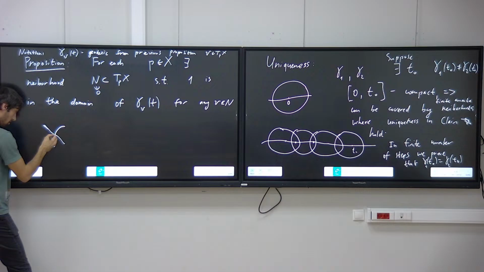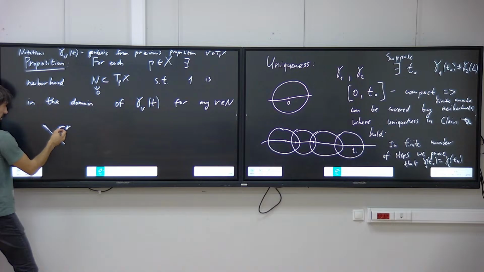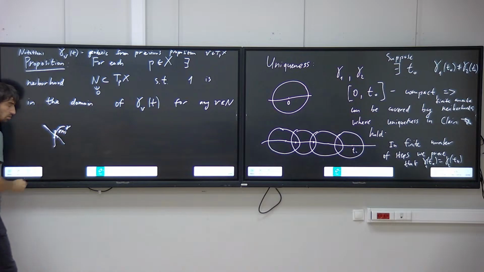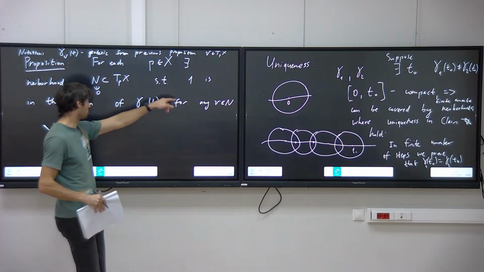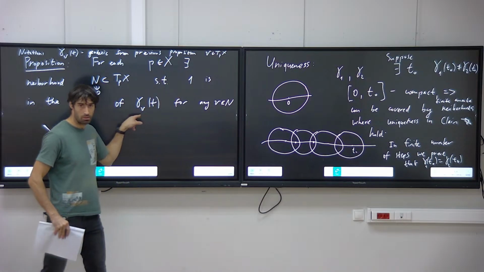I'm saying that if I restrict the initial conditions for velocities, then whatever geodesic I pick, I go to the point, for example, this one, gamma. I will reach the point gamma of 1. So gamma of 1 is a well-defined point. Yeah, so 1 is in the domain of gamma_v(t).